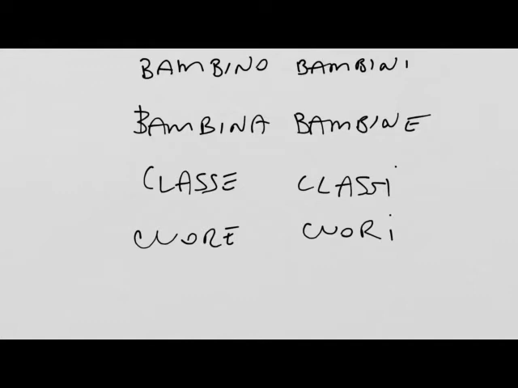So we go to the dictionary, we look up good. And the dictionary will give us the masculine singular form of the adjective, and it will give us buono. This is masculine singular.